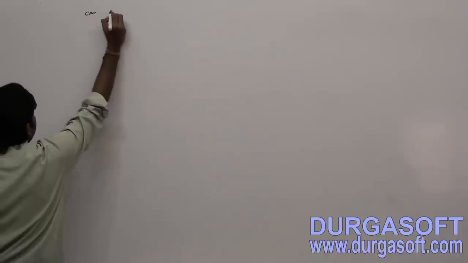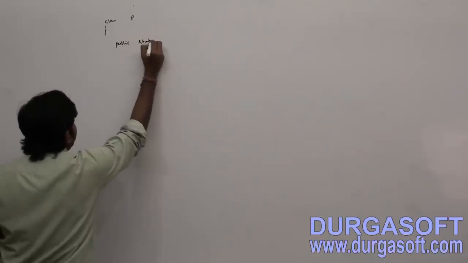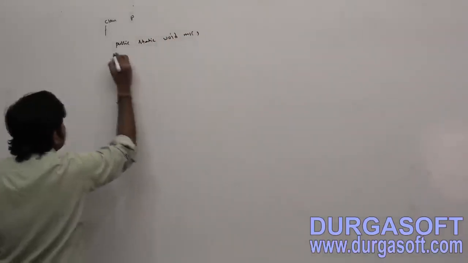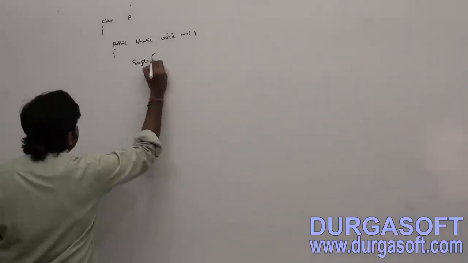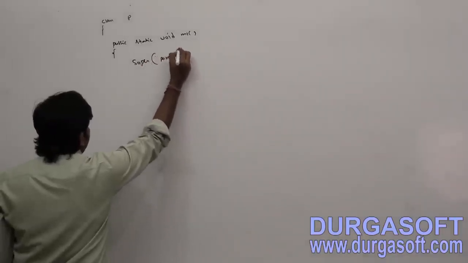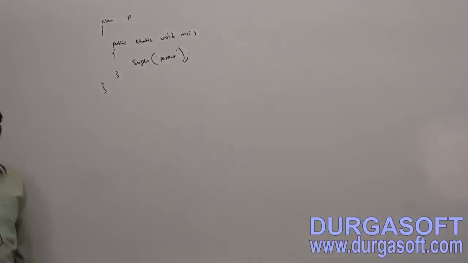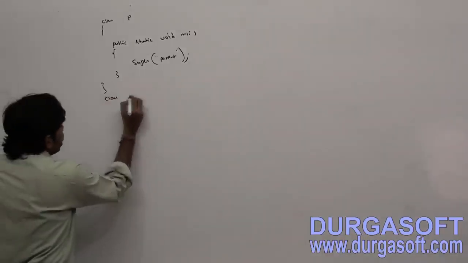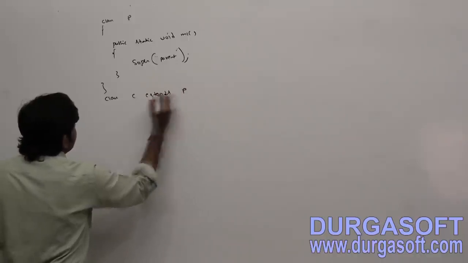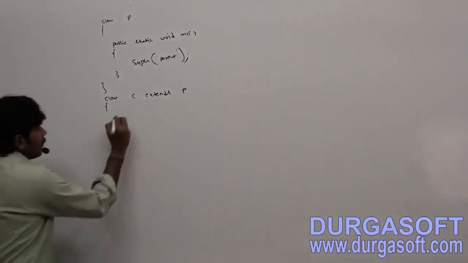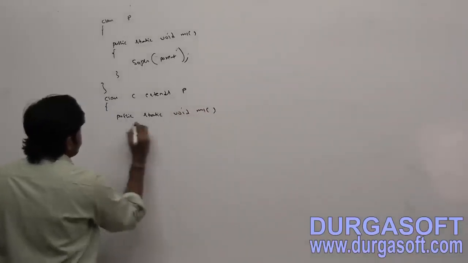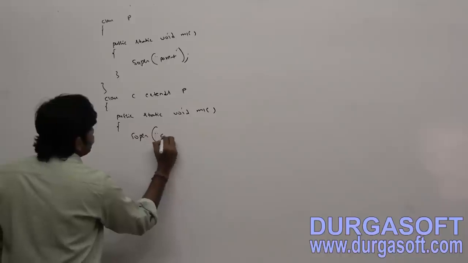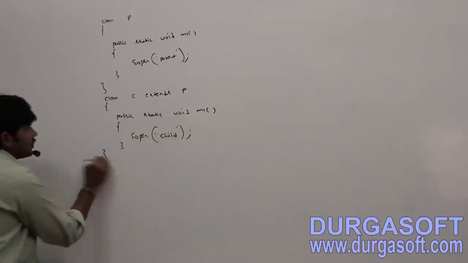Suppose I am taking class P with public static void M1, which prints parent. Then class C extends P, with public static void M1 which prints child.